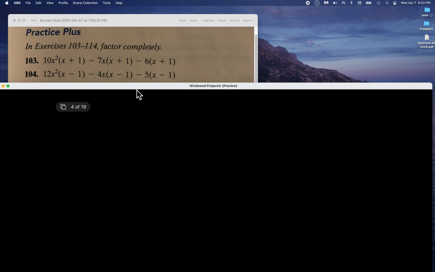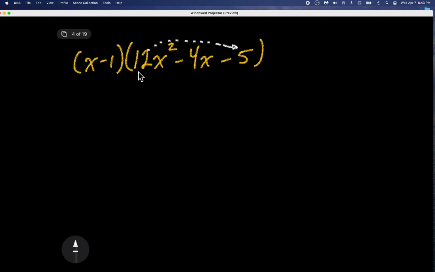Okay, so how will we factor this, folks? This is what you do. You take this first coefficient and you multiply it by the constant, and you get negative 60. And you put this in a box. And then you ask yourself, what two numbers multiply to negative 60 and add to negative 4?